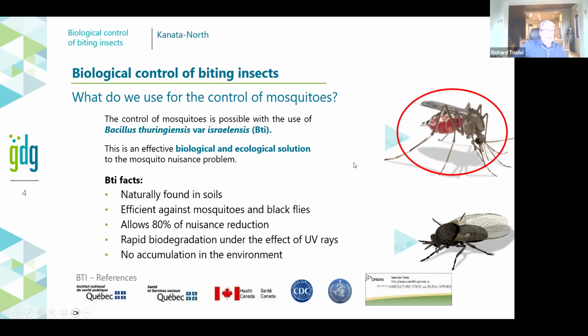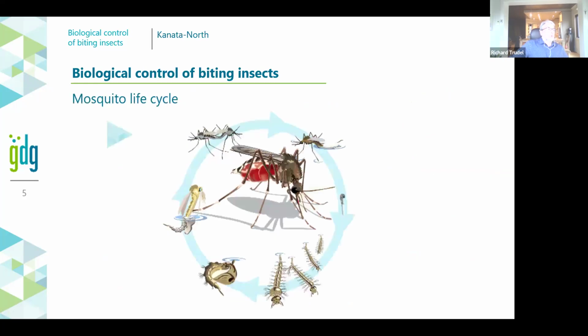To control the mosquito efficiently, you must know the mosquito life cycle very well. So you have here the mosquito life cycle. At the beginning you have the mating. If we start with the adults, after mating, the female will oviposit the eggs on the water.